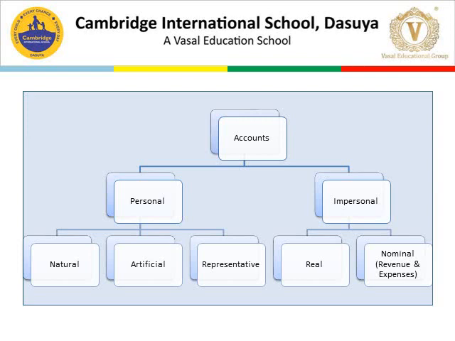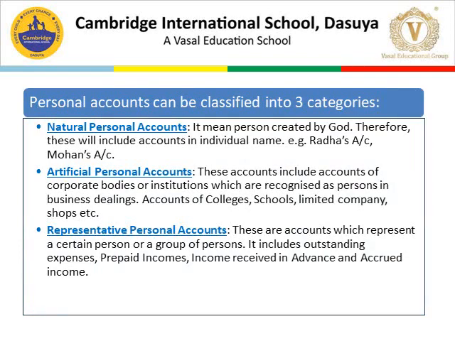So let's start. Begin with the first, natural personal account. It means person created by God. Therefore, these will include accounts in individual name.